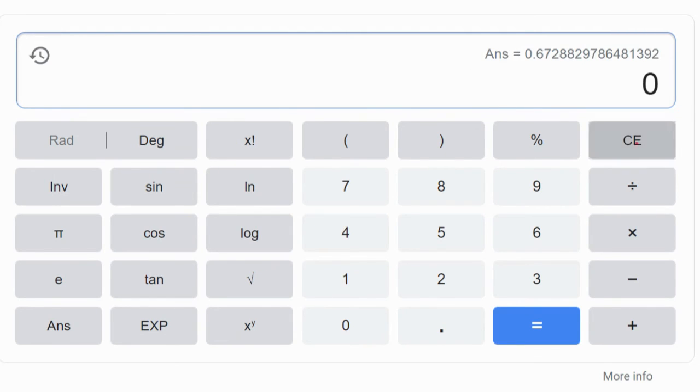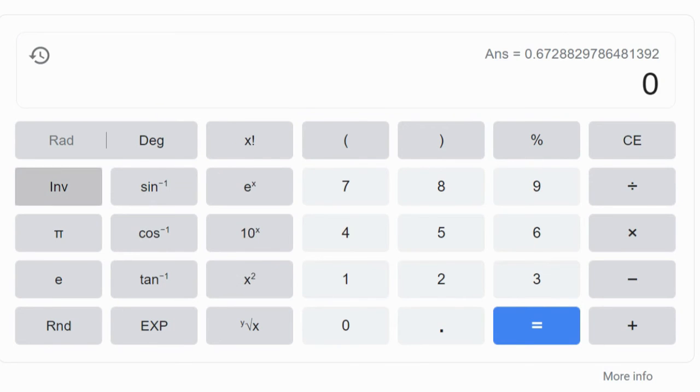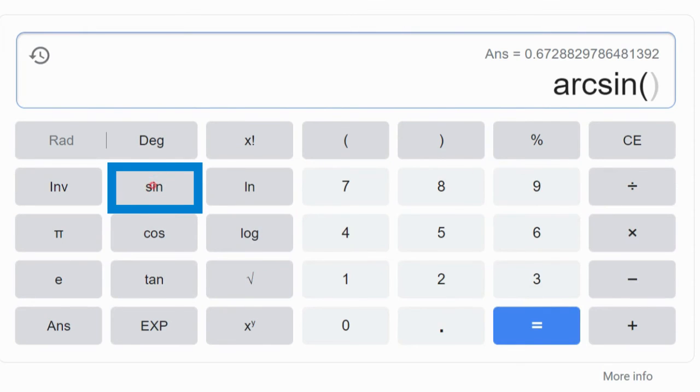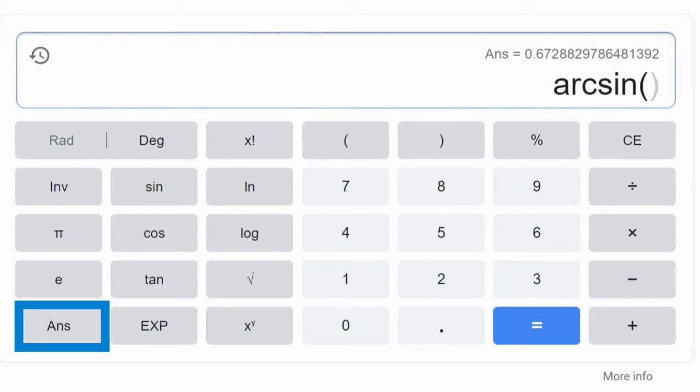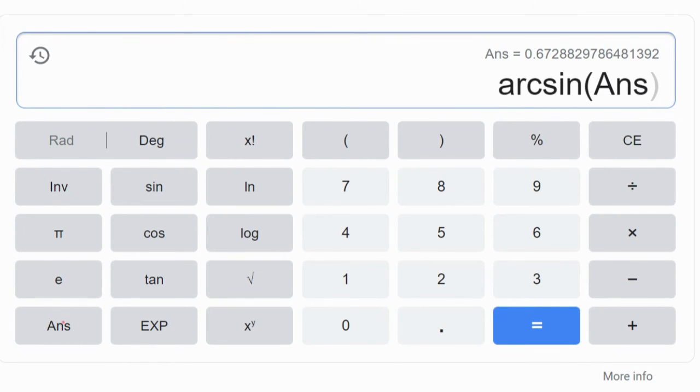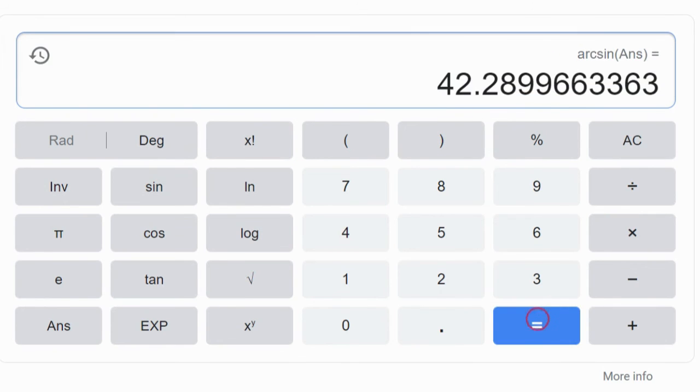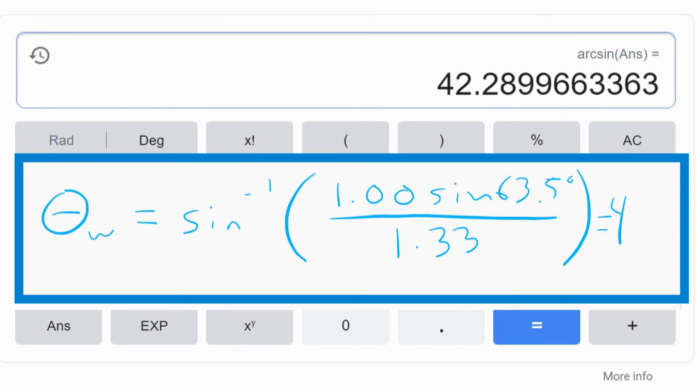The value you just calculated will be stored in the memory of the calculator. After clearing, click Inverse, then Sine, and you will see the calculator display arc sine. Click on ANS in the bottom left corner to get back your previous calculation. Next, close the parentheses and then click on the equal sign. After rounding for sig figs, the answer is 42.3.